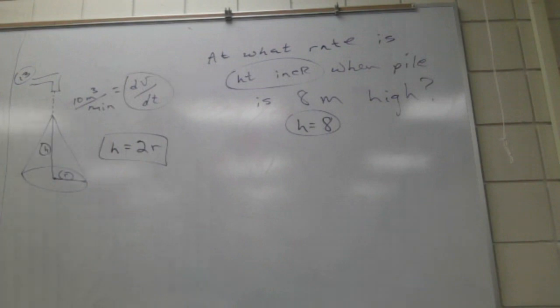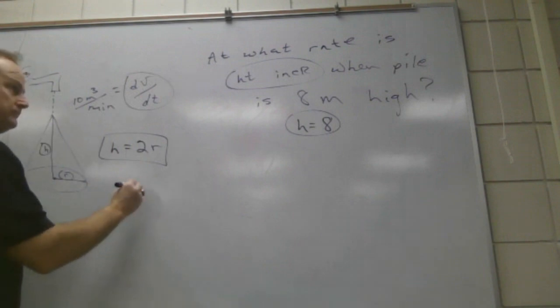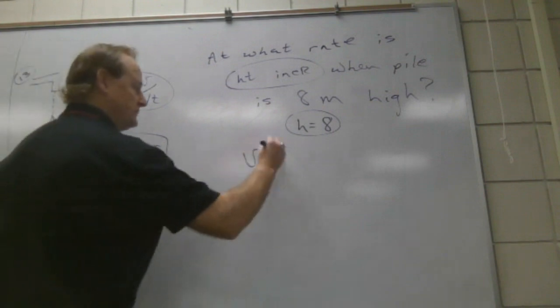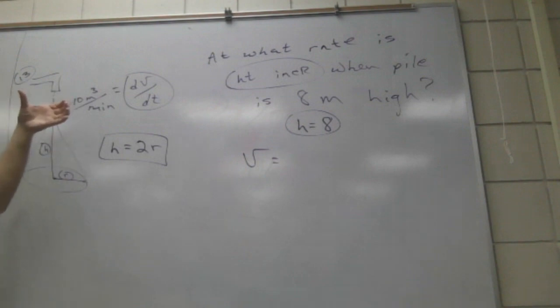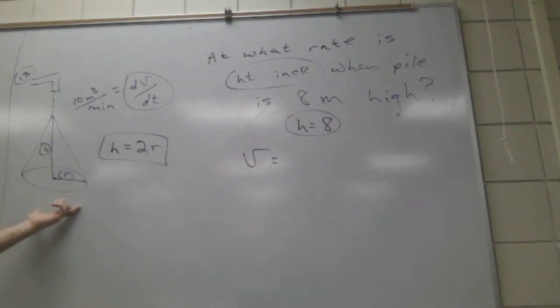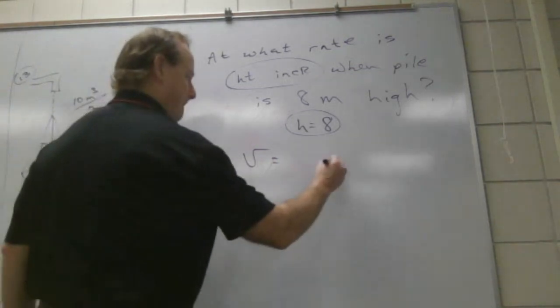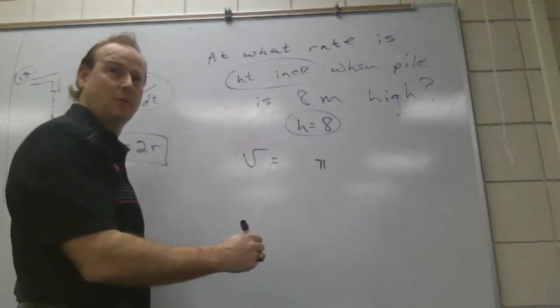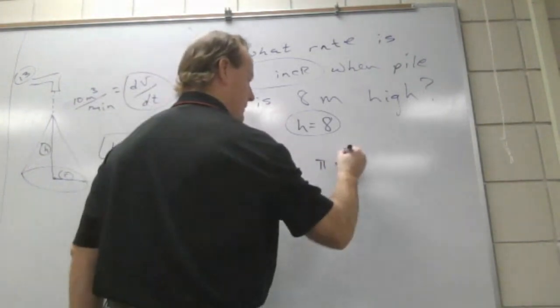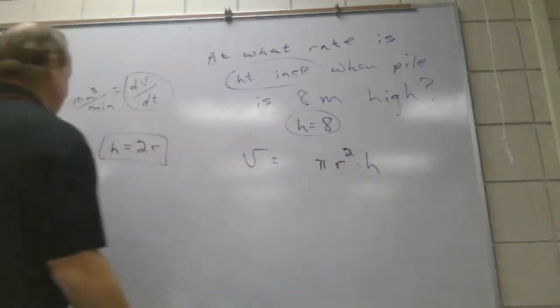What's the volume of a cone? Well, if it was a cylinder and you could turn it upside down, it looks the same, like a pop can, it'd be the area of the base times the height, right? The base is a circle. What's the area of a circle? Pi r squared, and then times the height.